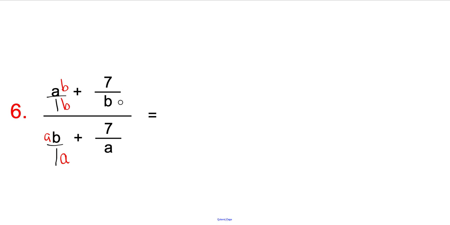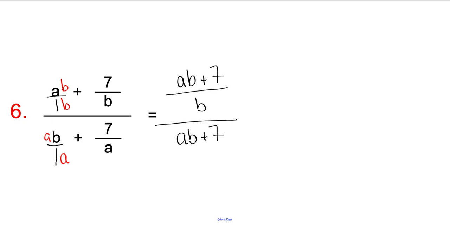And now we got common denominators here and here, so let's put them together. We got AB plus 7 in the numerator over B, and in the bottom, we got AB plus 7 again. That seems kind of nice, over A. And now we are to the skip, flip, multiplying section.